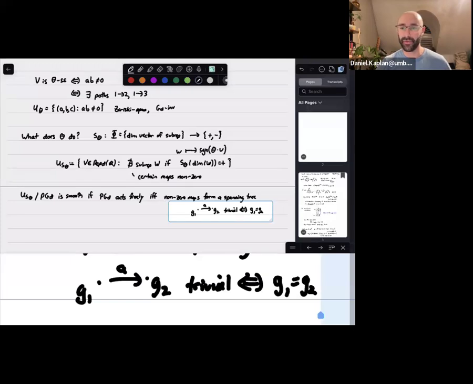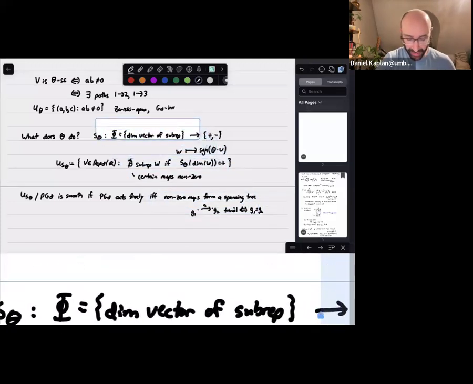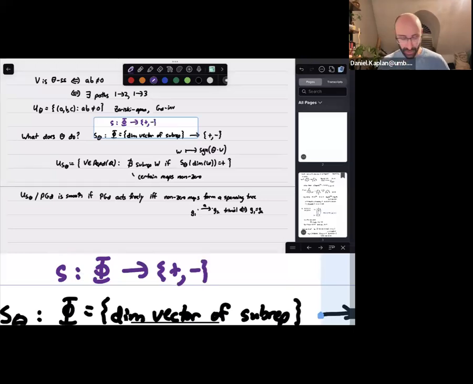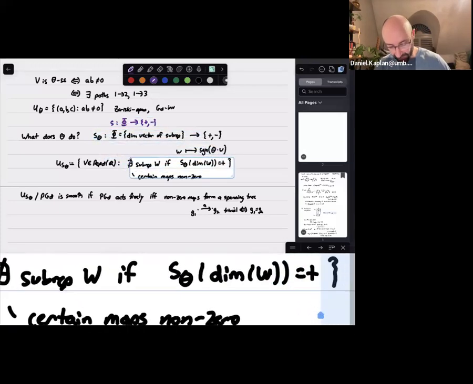Maybe now we're ready for the main example, except I need to go back through this condition about what theta is doing, and I want to generalize it. The idea in generalizing it is I can just write down any map that goes from theta to plus or minus, and I can make all the same definitions from before. So this definition still makes sense, just with S instead of S sub theta.